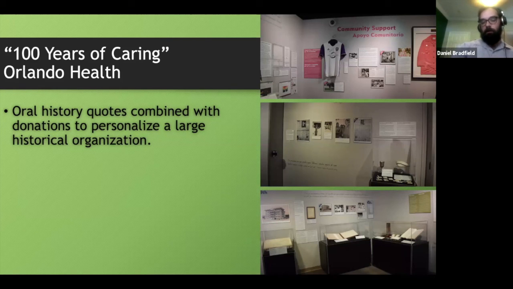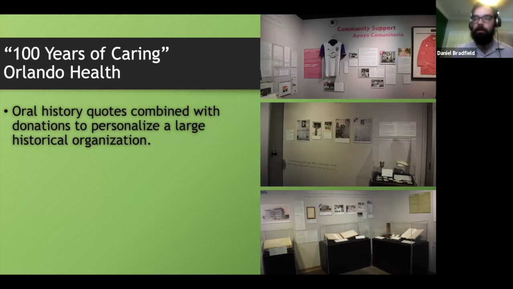In the middle photo, the right-hand side was a donation from an African-American nurse from her daughters. To the left of it, it describes segregated hospitals and life under segregation. Above it, on the far right-hand side, you can see a pink jacket, and underneath that is a quote she has about service.